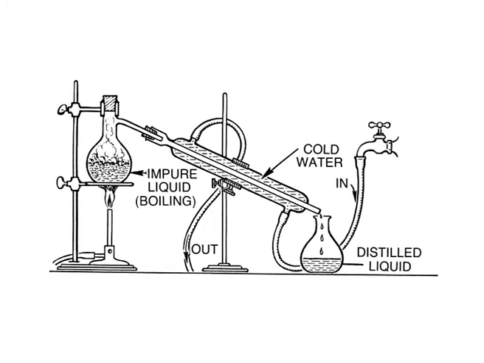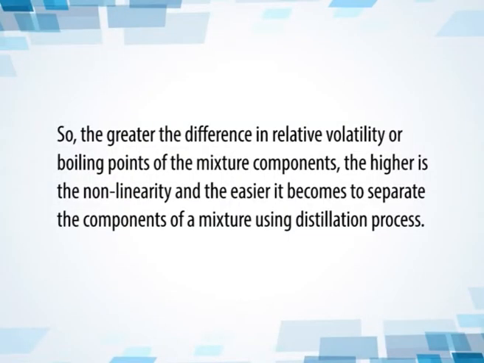Volatility refers to the inclination of a substance to evaporate at normal temperatures, and boiling point is the temperature at which the liquid boils and turns into vapor. So, the greater the difference in relative volatility or boiling points of the mixture components, the higher is the non-linearity and the easier it becomes to separate the components of a mixture using distillation process.